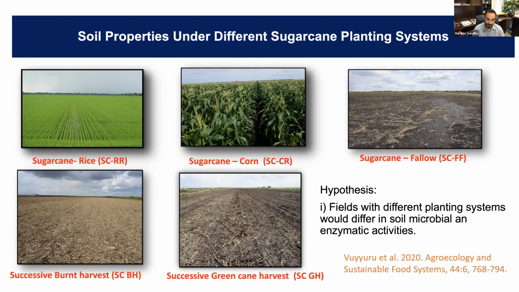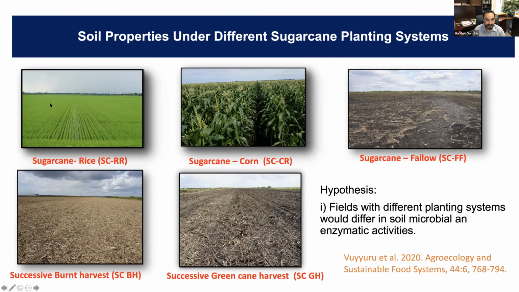And every 3 to 4 years we take out the last crop, we take out that cane and then cultivate the soil, and we can either plant sugarcane again in that soil, or we can plant some rotation crop, or we can leave it fallow for 3 to 4 months before we plant the next sugarcane crop.